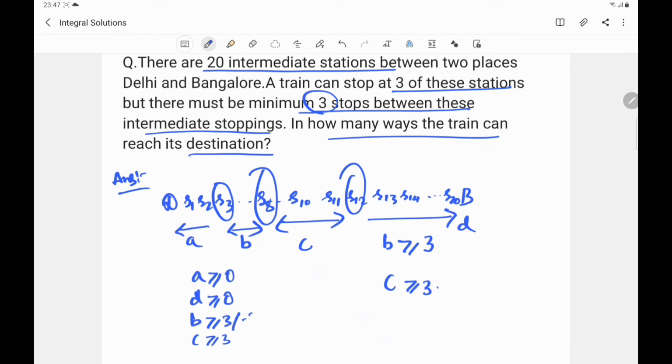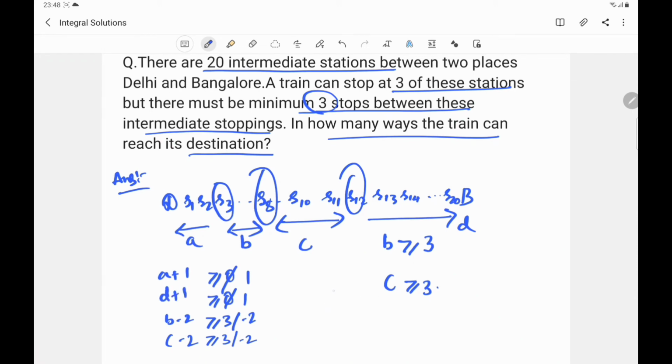So I'll add -2 to this, -2 to this, so this will become B -2, and this will become C -2, and I will add 1 to A and 1 to D, so this will become A plus 1, similarly D plus 1.